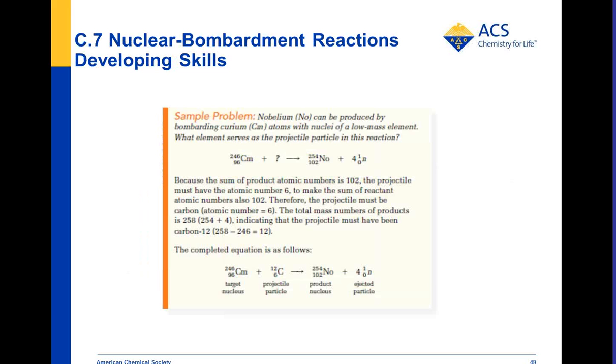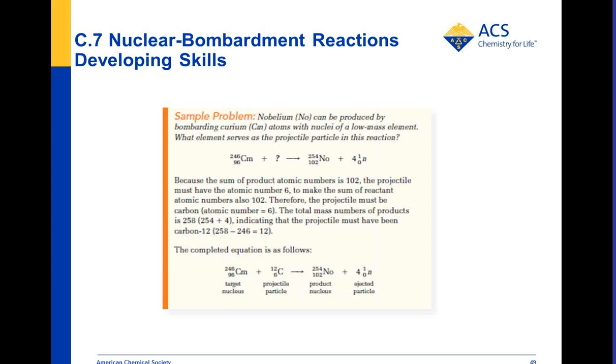Now they're given some sample problems, and they are asked to identify everything in the sample problem, plus locate the missing element. At the bottom of this slide, you'll see the completed equation, and they're asked to identify the target nucleus, the projectile particle that bombards this target nucleus, what the product nucleus will be, and what the ejected particle is.